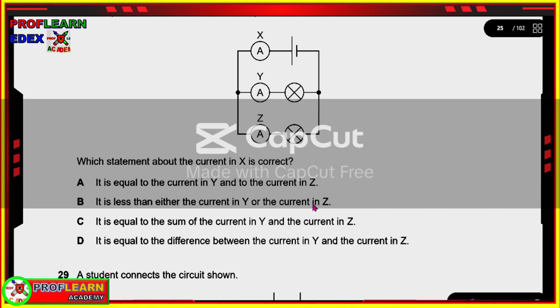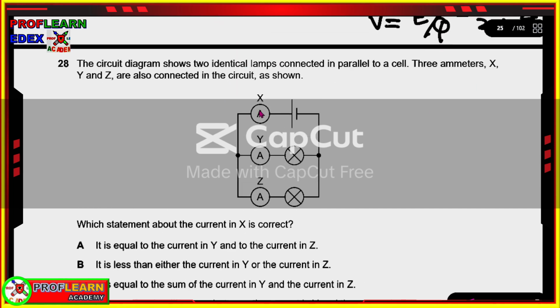That's not true. This is going to be the total current flow in the circuit. Current will flow in that direction, and the moment it reaches here, it is going to split. So the current in X is going to be more than that in Y.